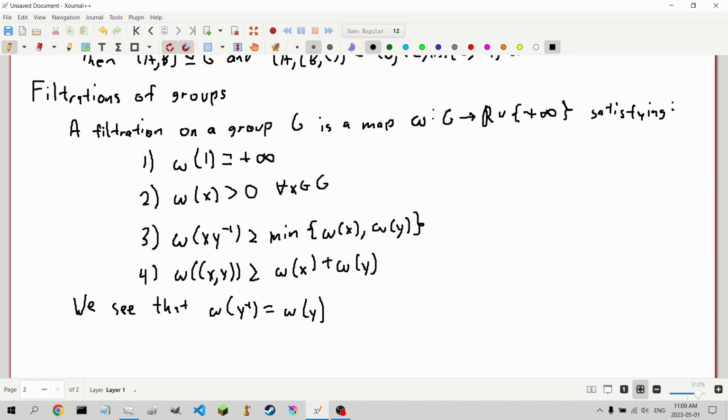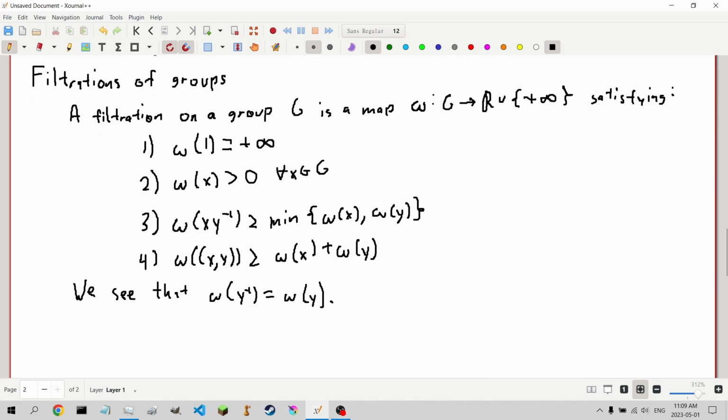My voice is breaking apart, I'm sorry about that. I wonder if we can take the real numbers to just be the positive real numbers, since this function is constrained to the positive real numbers by condition 2. I'm going to go ahead and write that in for myself.